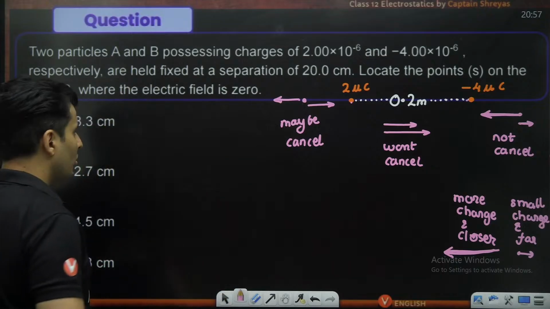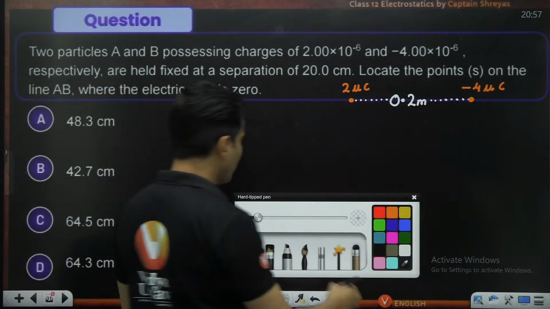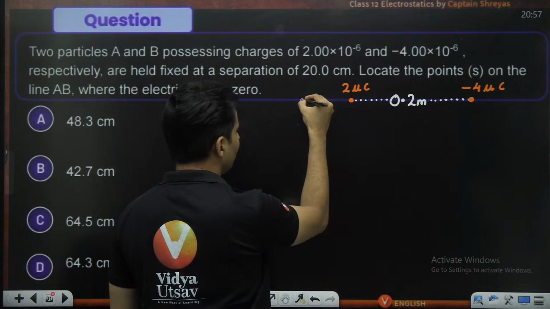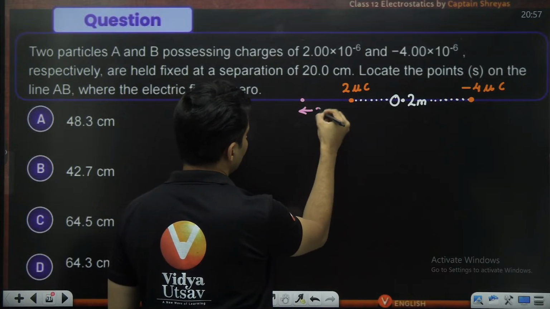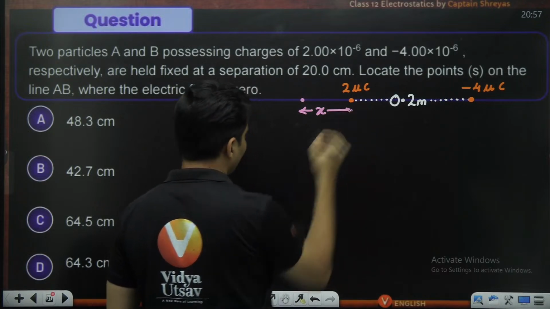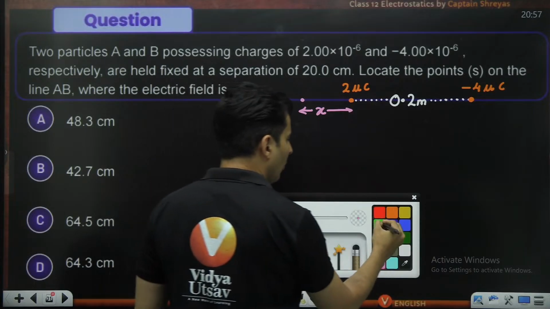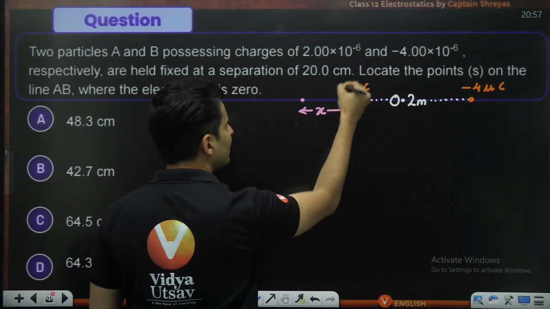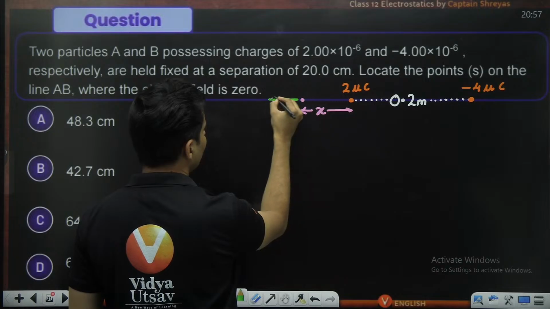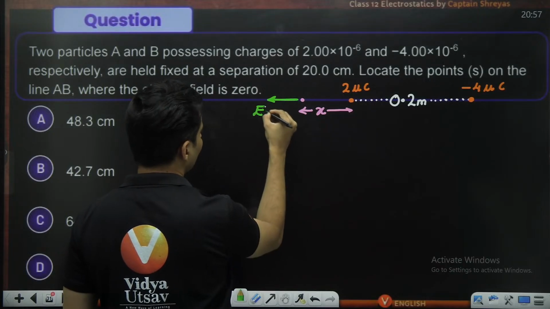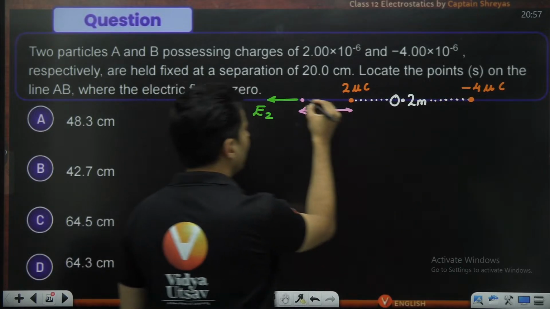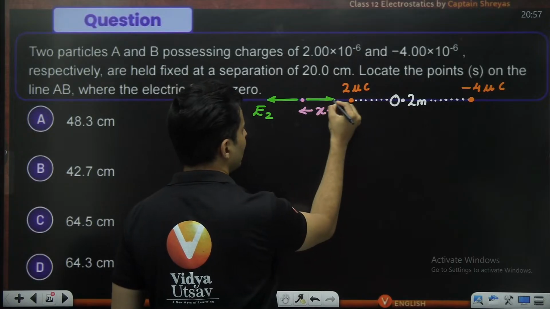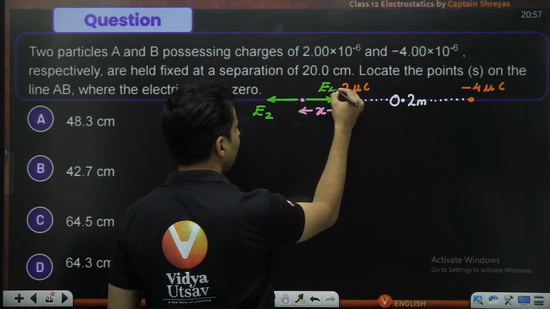So now proceeding with the problem, let me assume a point somewhere over here at a distance of x meters where the field is 0. So what will happen? Due to this guy, the field will be here. Let's say I call it E2. And due to this guy, the field will be here. Let's say I call it E4.